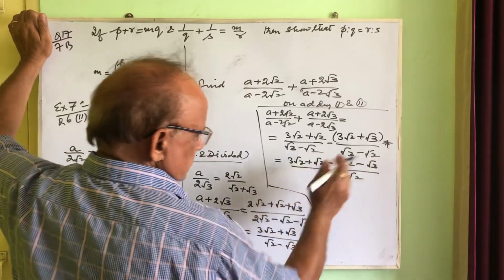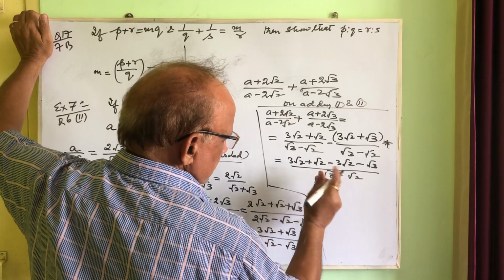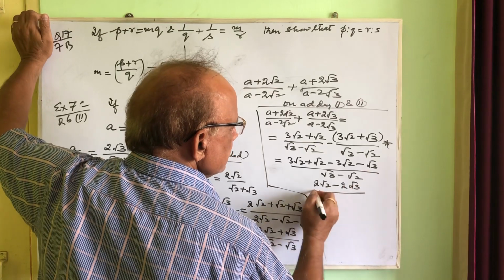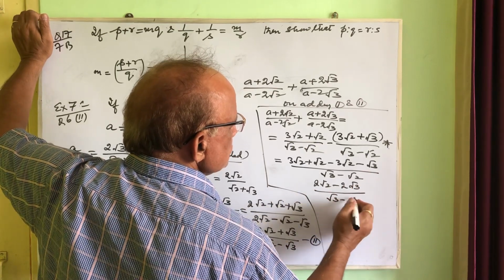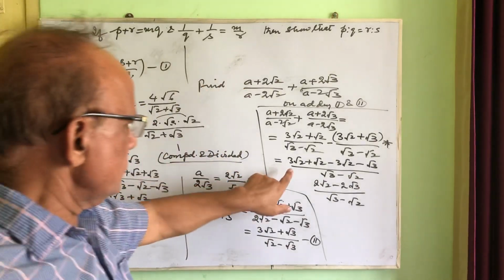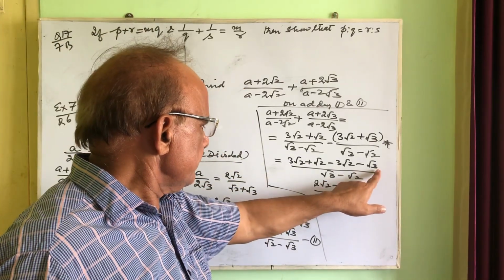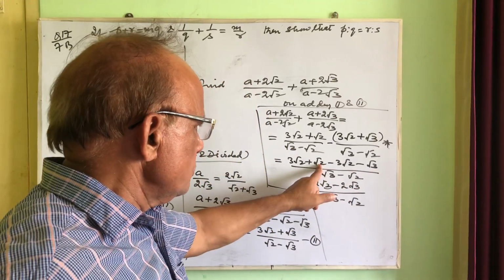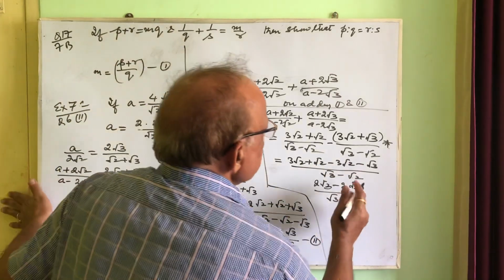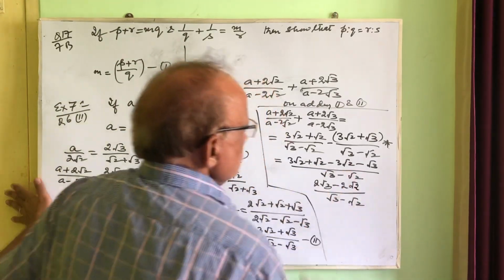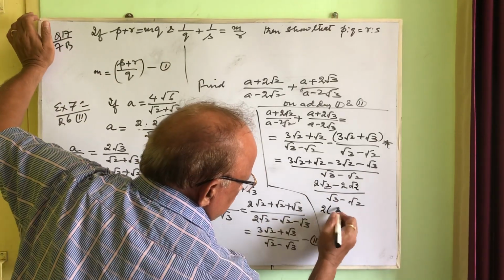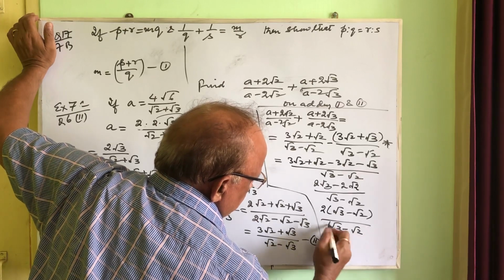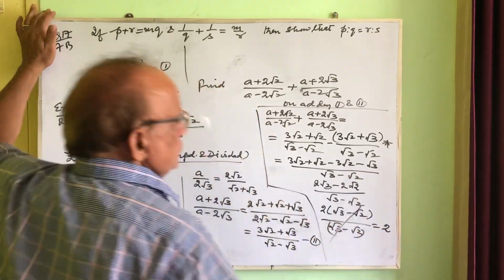That gives 3 root 2 plus root 3 minus 3 root 2 plus 2 root 3... Here 3 root 3 minus root 3 is 2 root 3, and root 2 minus 3 root 2 is minus 2 root 2. Now take 2 common. This is root 3 minus root 2 by root 3 minus root 2. These two will cancel, the answer will be 2.